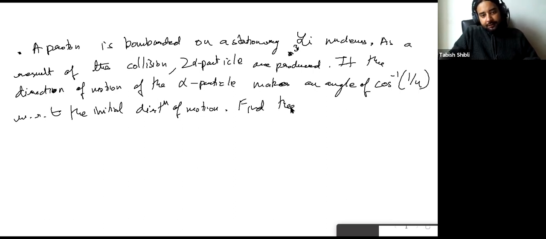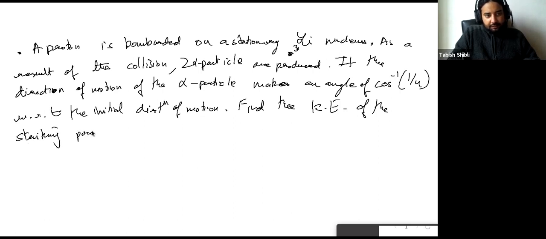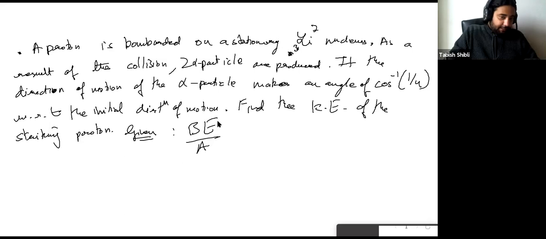Given binding energies. Actually, given binding energy per nucleon, binding energy divided by A. I'll just write it as per nucleon.